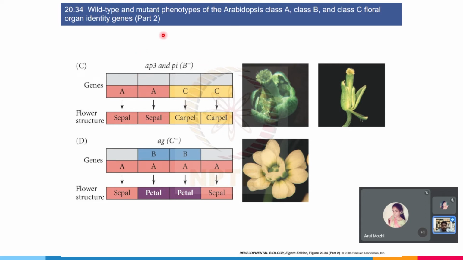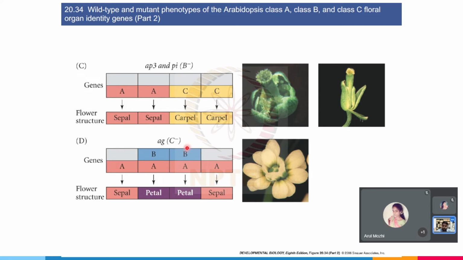But in the B mutant, we do not have any B right here, and thus the structure looks like this: A, A, C, and C. And we know A will produce sepal, and thus we have sepal in the first hole, again sepal in the second hole, and C we know alone will give rise to a carpel, so in the third also we have a carpel, and in the fourth we again have a carpel. So the order changes to sepal, sepal, carpel, and carpel.